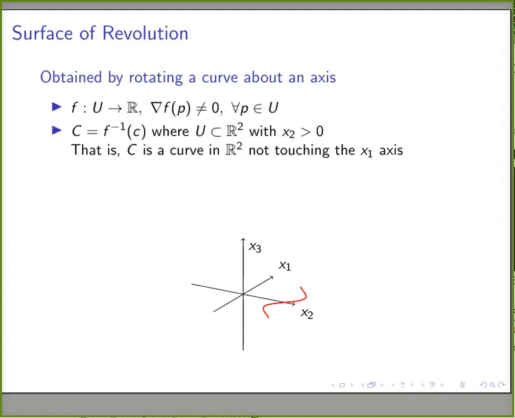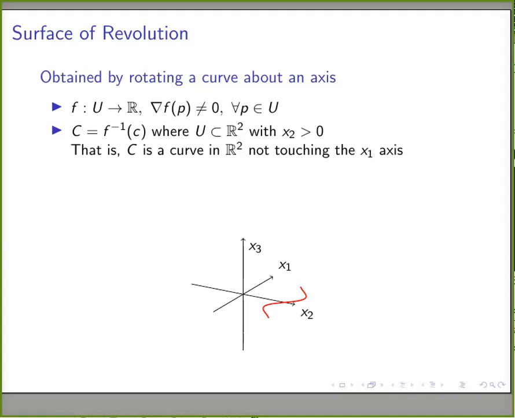Again, f is a function from u to r, where u is a subset of Rn plus 1. And for each point on that domain, del f of p, or gradient of f at p, is non-zero. And we need one more condition to rotate or revolve this curve about an axis.